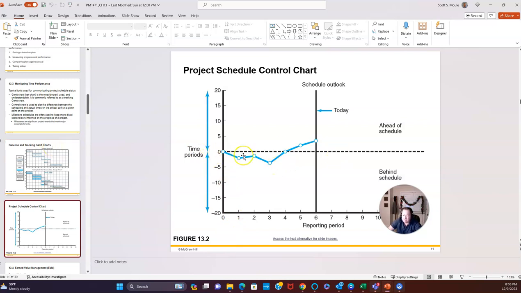So you're tracking, well, we're a little behind schedule in week 1. Well, we started to catch up a little bit, but we're still behind schedule in week 2. Then we fell way behind schedule in week 3. By week 4, we were back to what our plan was. Week 5 and 6, we're ahead of schedule.